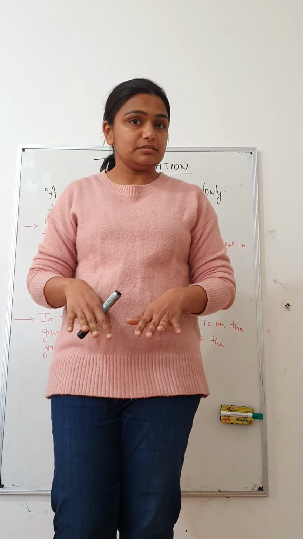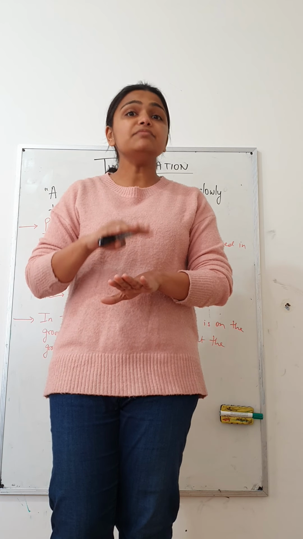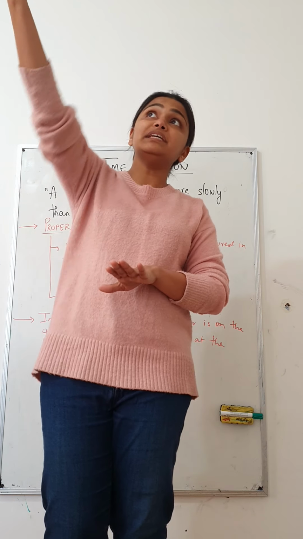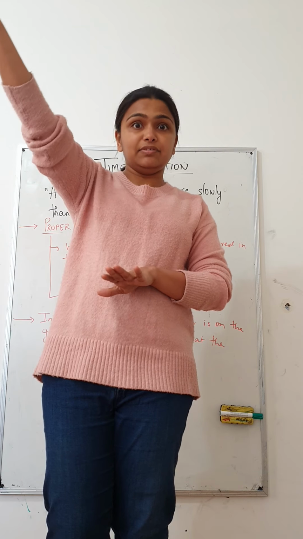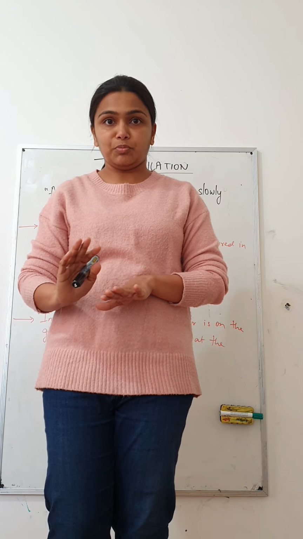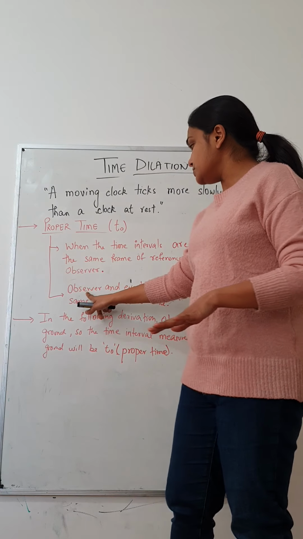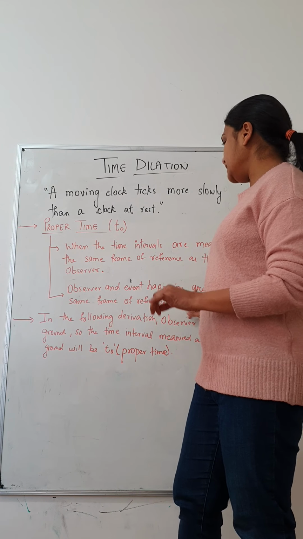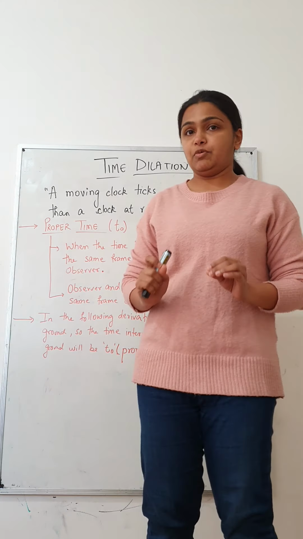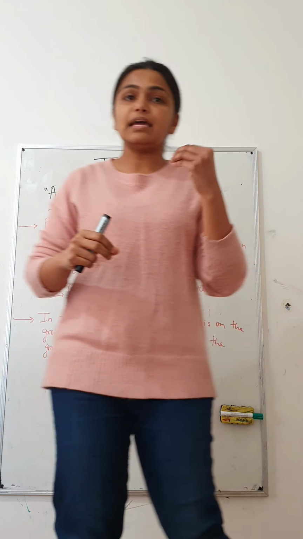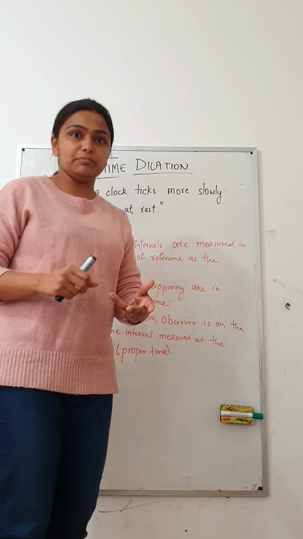If I am on the ground and the time I am measuring is for events happening in the spacecraft, then it will not be proper time. So the observer and the events are in the same frame of reference. This is an important point to remember.